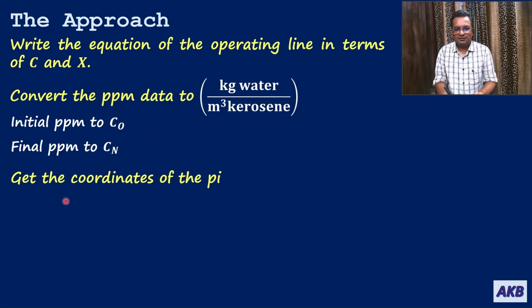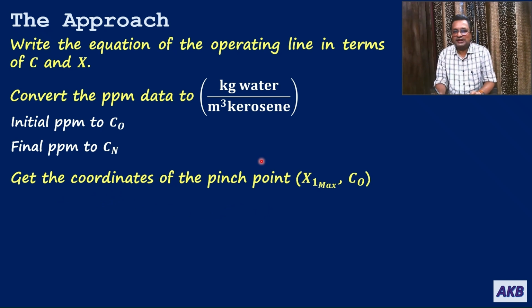And then we will get the coordinates of the pinch point. Since we have to get the minimum adsorbent to solvent ratio, we need to get the coordinates of the pinch point. The pinch point is the point where the equilibrium curve and the operating line intersect each other. And what are the coordinates of this pinch point? These are x1 max and C0.